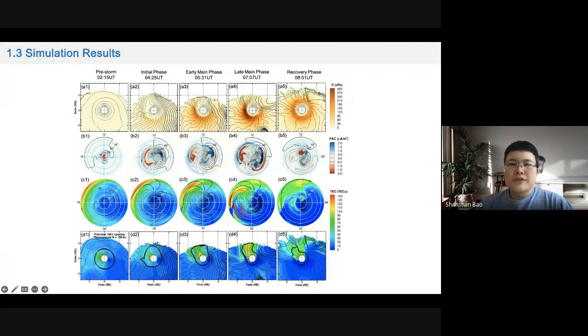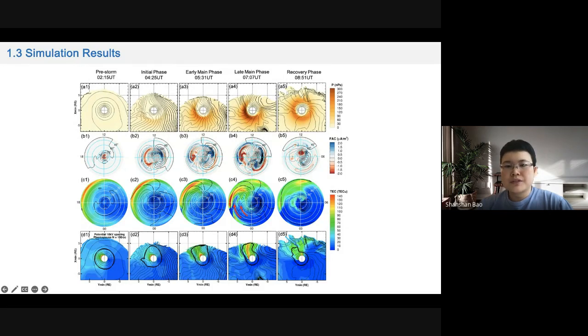For the early main phase, you can see some ring current pressure start to establish, and the double cell pattern has been further enhanced.